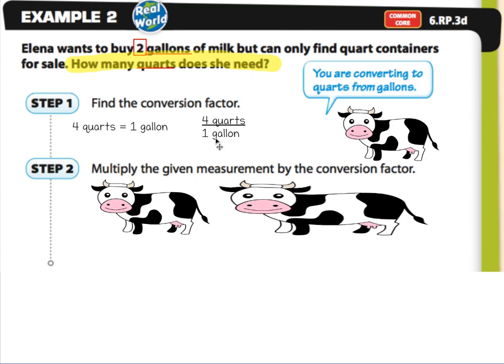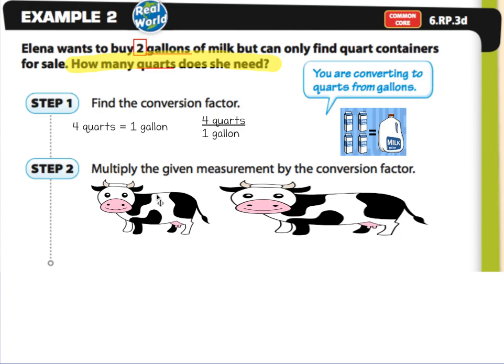So since I'm trying to get to a quart, it's on top. So I'm given gallons, that goes on bottom. I'm trying to get to quarts, so that goes on top. All right, so I have 4 quarts per 1 gallon. Okay, so 4 quarts would give me 1 gallon.